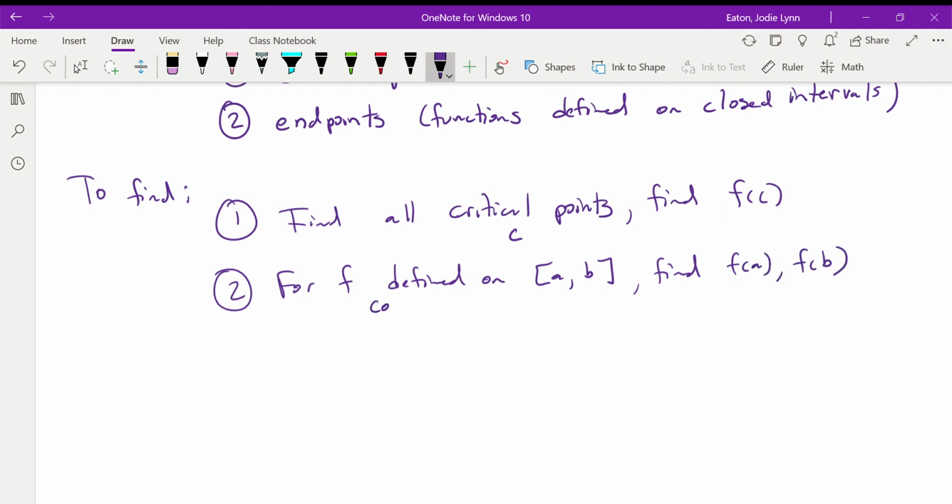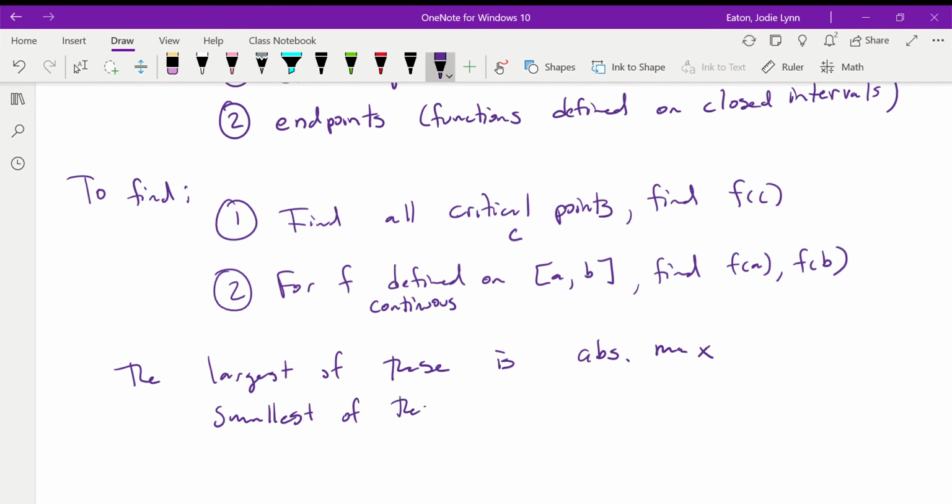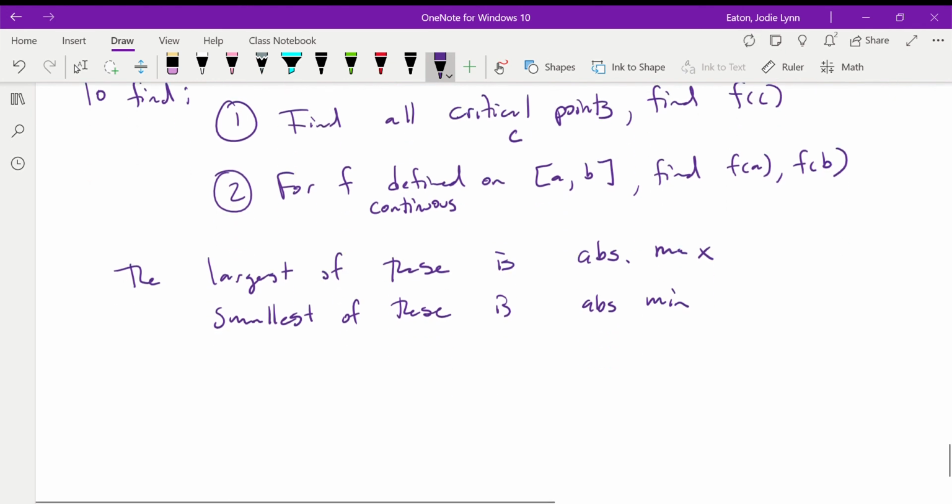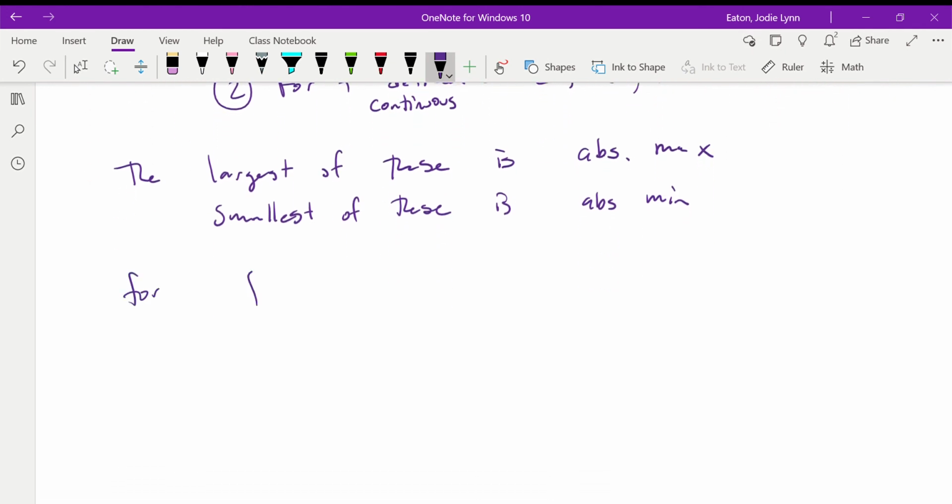And let's add that this is continuous, otherwise our extreme value theorem doesn't apply. The largest of these is the absolute max, and the smallest of these is the absolute min for f of x continuous on the closed interval from a to b.